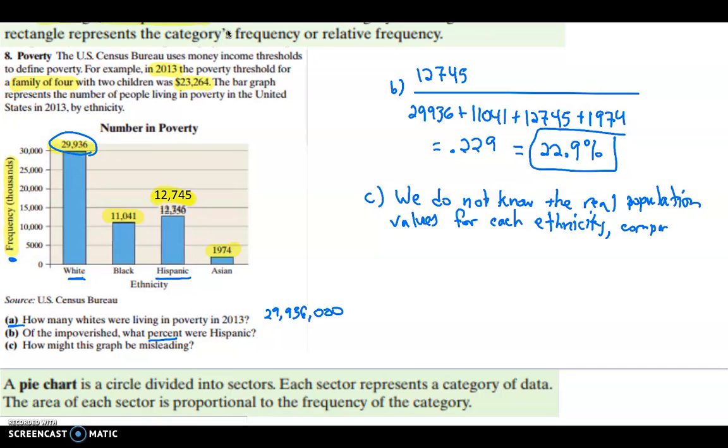Comparing the relative frequencies would be better if we knew the relative frequency of whites, blacks, Hispanics, and Asians within this country. Or in this case, it's the United States because it's based off of the U.S. Census Bureau.